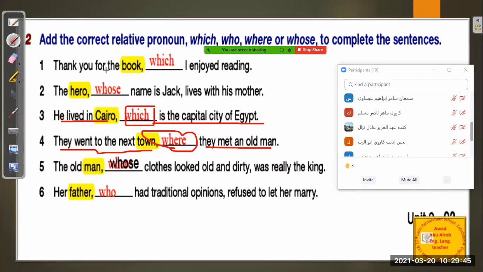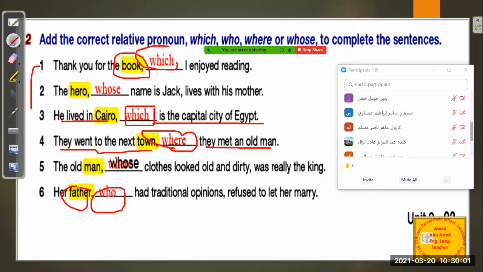Now, if you look at example number 1, book, we use which. The last one, father, we use who. Can you see the difference between number 1 and number 6? Yes, human and non-human. Now, in number 2 and number 5, compare them, please, everybody.